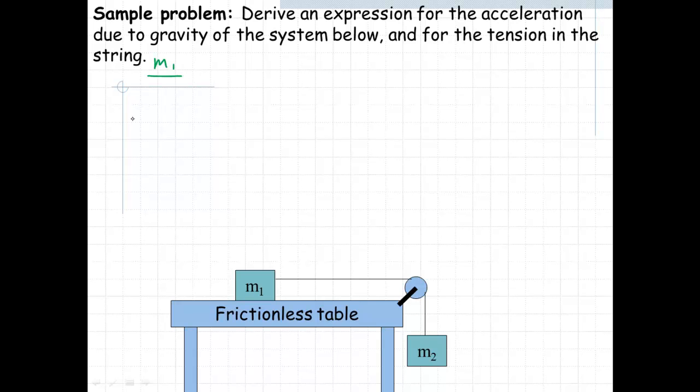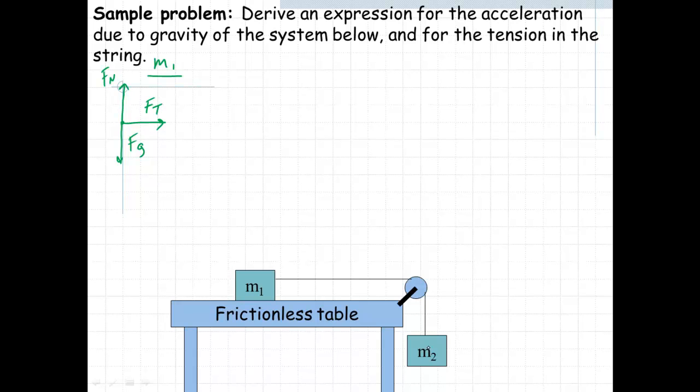We notice that it's got a force due to gravity, which is straight down. We also notice that it has a normal force from the surface pushing up that we'll label the normal force, and a force of tension pulling it to the right.